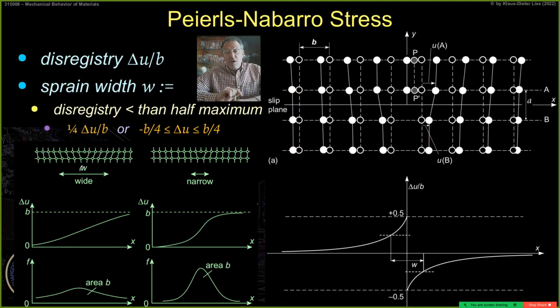Now the question is how far can this displacement u of A be. You see the original atom was here. Now we put the extra plane in at x equals 0. That means this atom which was there displaces by u of A. So u is the displacement as we had it before along the x direction.